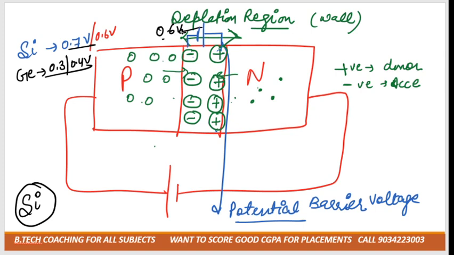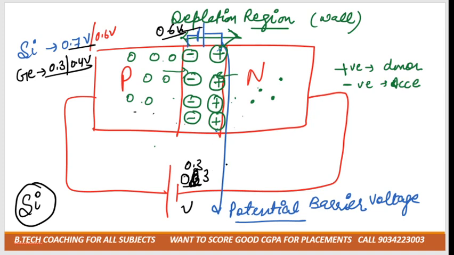Now I am considering it as a silicon case, so I am considering a potential barrier of 0.6 volt. Suppose I give 0 volt, 0.1 volt, will the boys and girls be able to break the wall? No. If I increase my voltage to 0.3 volt, will it be able to break the wall?